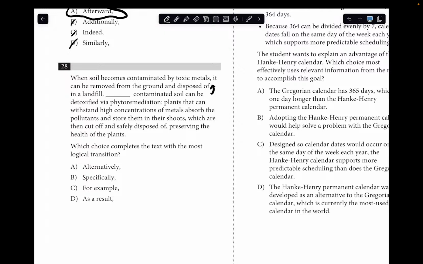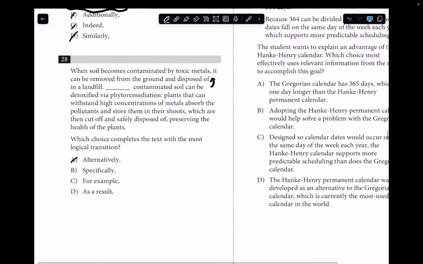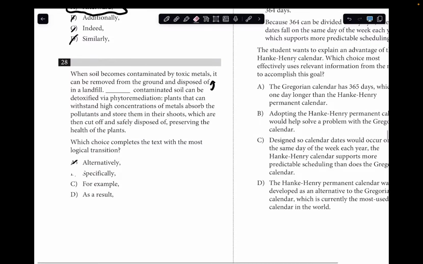So alternatively, I don't see a contrast being referenced in the first and second portions of the passage. Wait, hold on, I need to go back to, when the soil becomes contaminated by toxic metals, it can be removed.